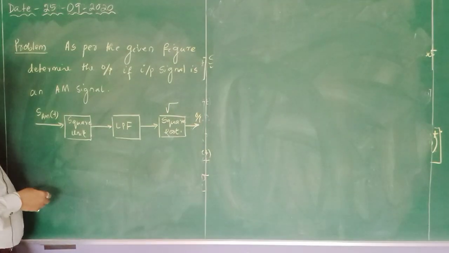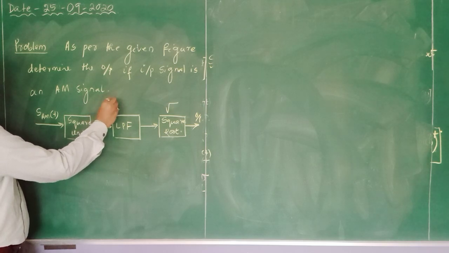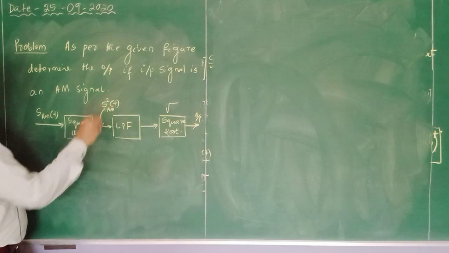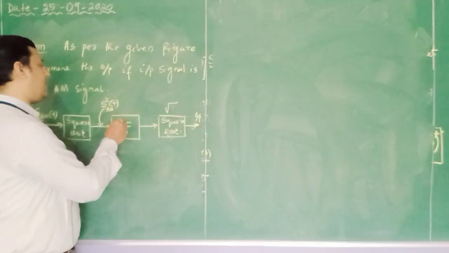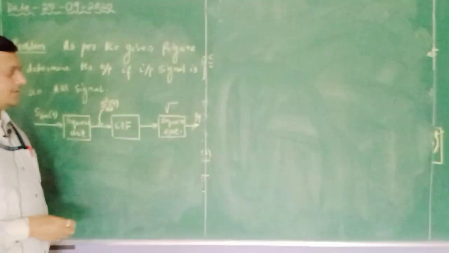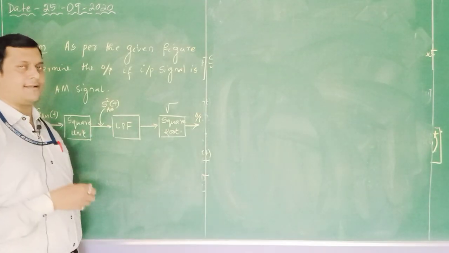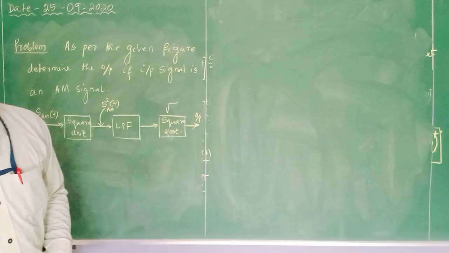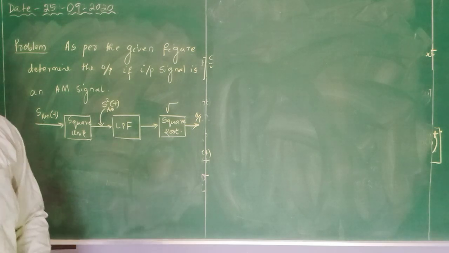If I provide S_AM(t), we will get S square of t. Pass that value to the low pass filter, then pass it through the square root, and then you can determine the output. So step by step, again we will see how to correlate this particular function.